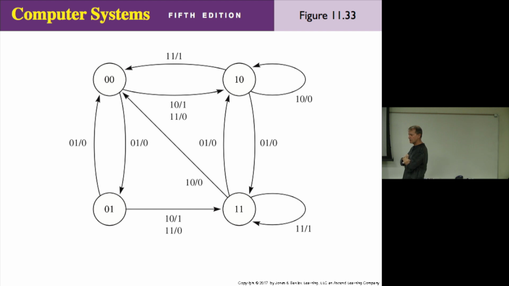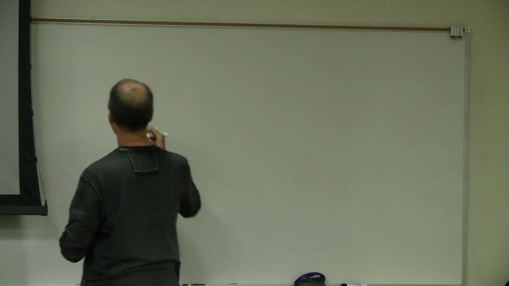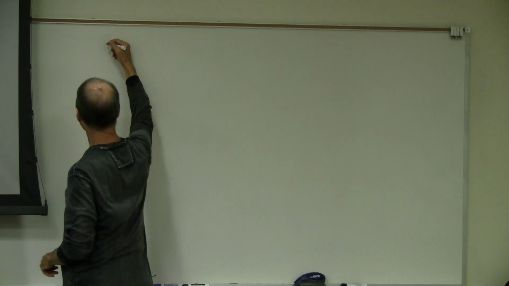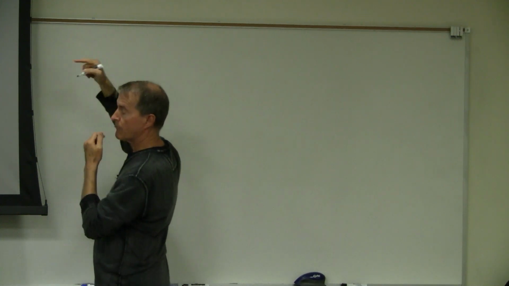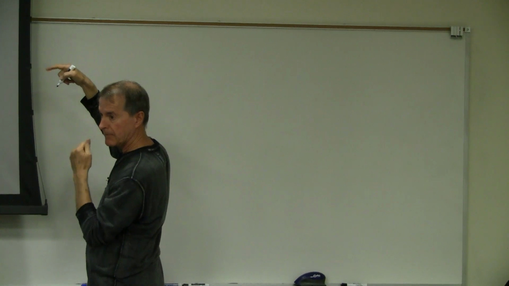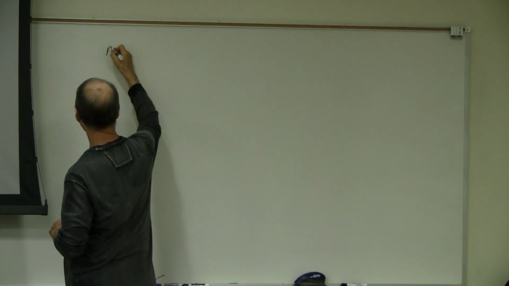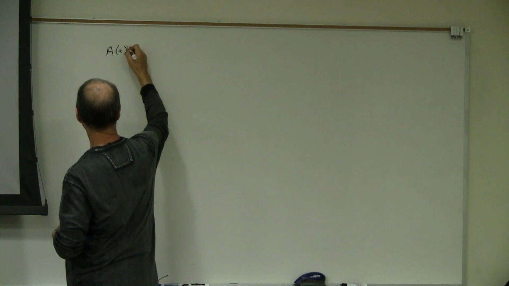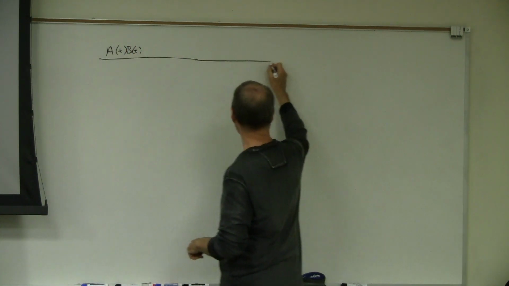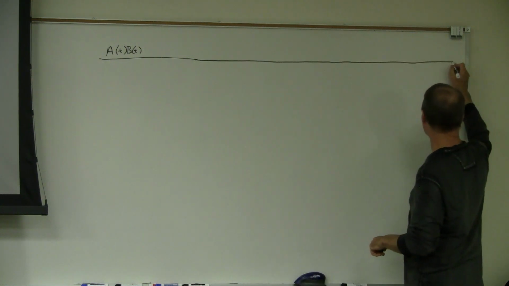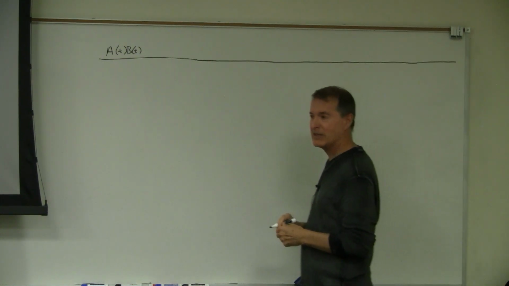Are you with me? So the way to tabulate that is let's have initial state and initial input. So here's what our table will look like. Let's call the first flip-flop A and the second flip-flop B. So we will have A at time t, B at time t. This is going to be a long, wide table.